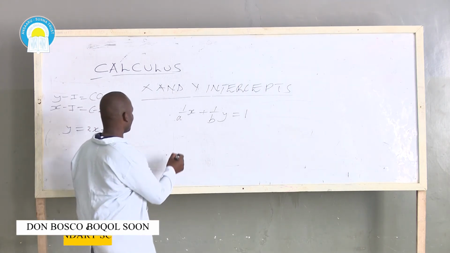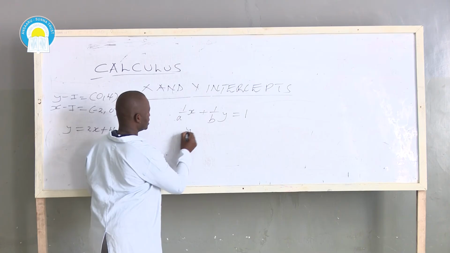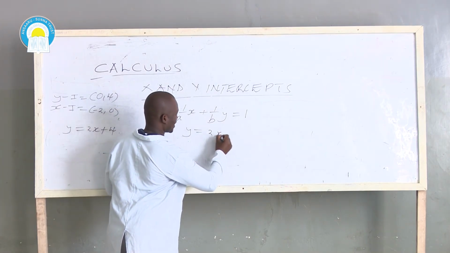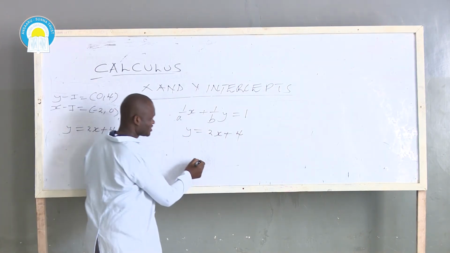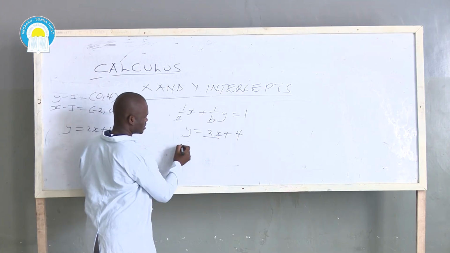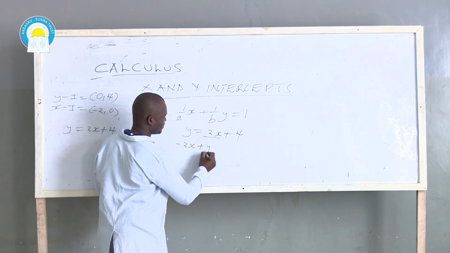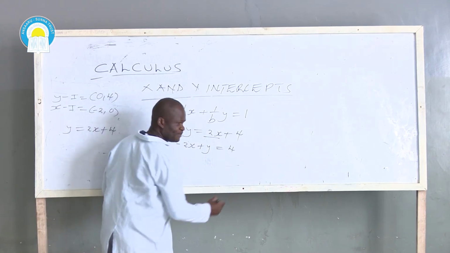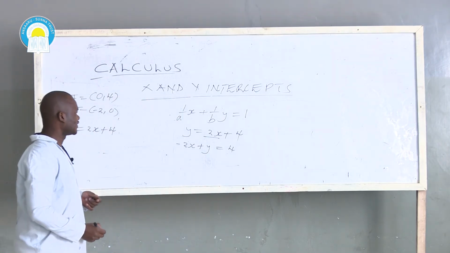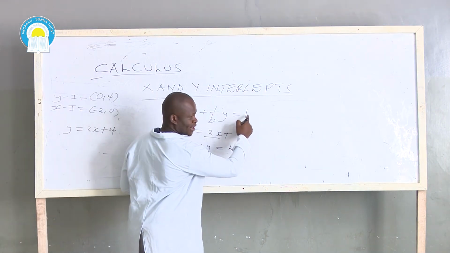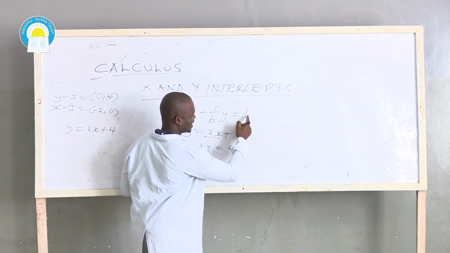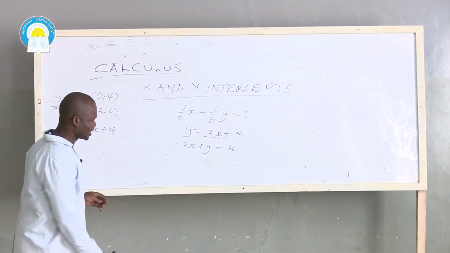So we shall have our line modified in this manner. This will cross to become negative 2x plus y is equal to 4.